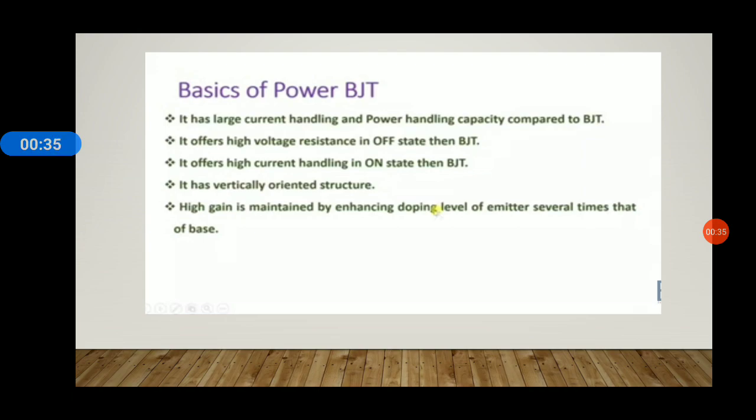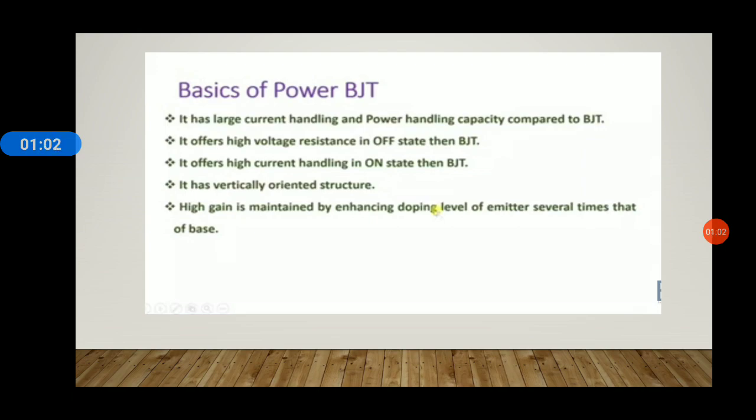Now, a power BJT is used to handle large current and large voltages. As they handle large power, the transistors have to dissipate a large power in the form of heat.